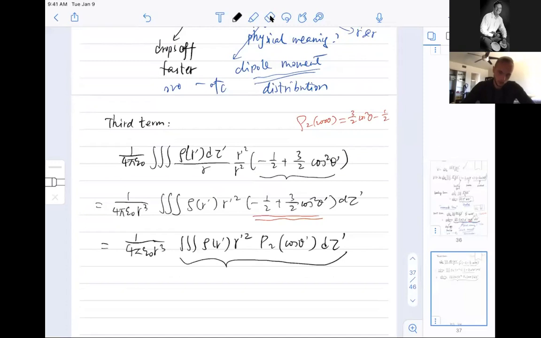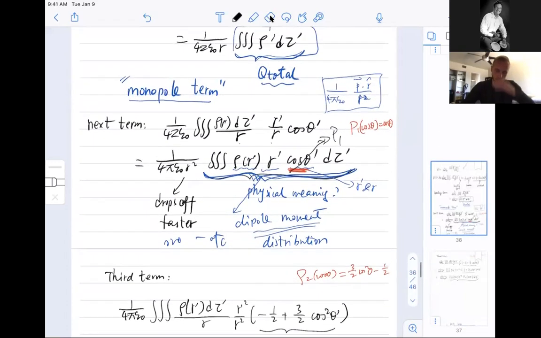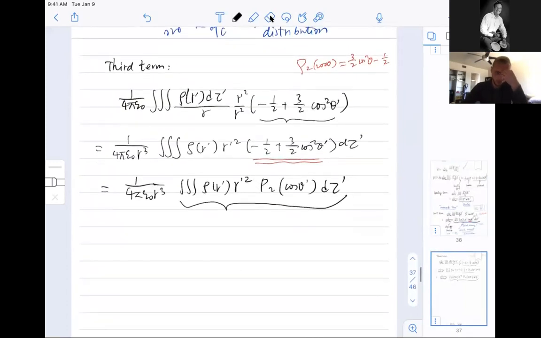What is the physical meaning of that? Your total charge becomes, the second term is a dipole moment, and the third term becomes? Professor, isn't that quadrupole moment? Kenneth, very good. It is a quadrupole moment.